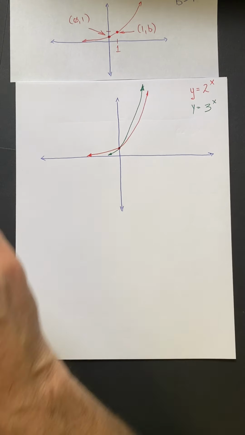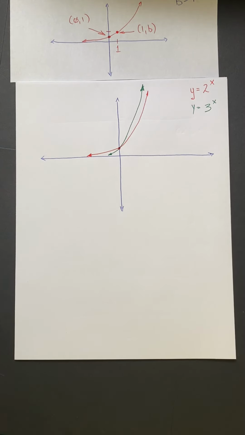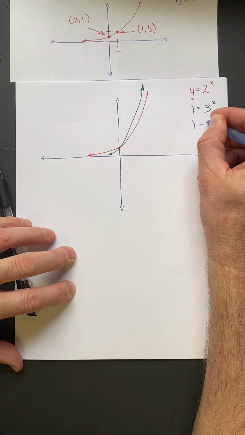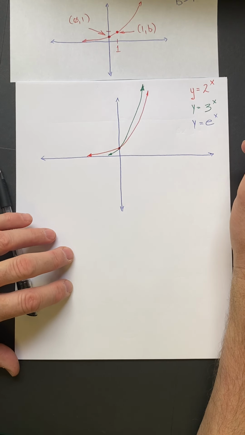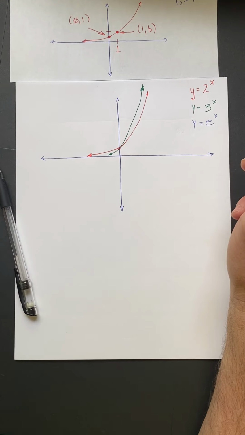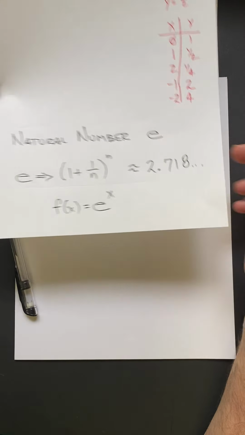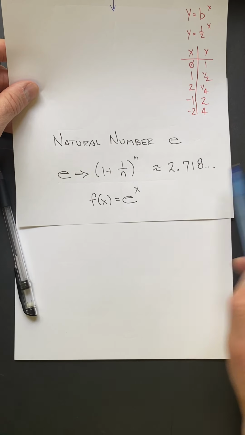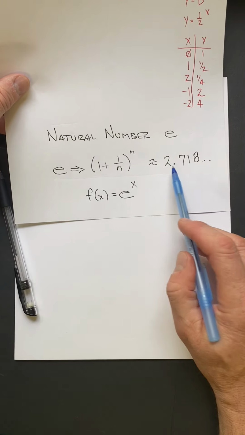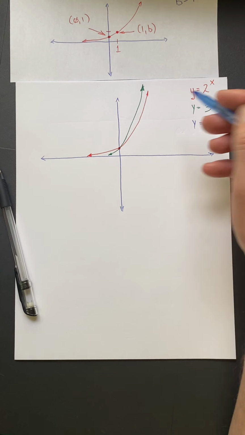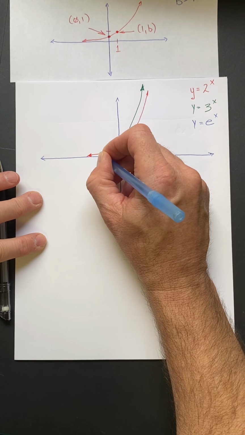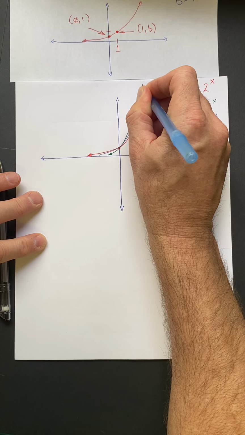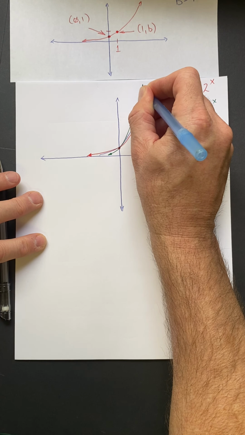So what would you expect y = e^x to look like? Remember what we said a while ago: e is approximately 2.718. Well, that is between the 2 and the 3, so we could expect our e function to look just like this.